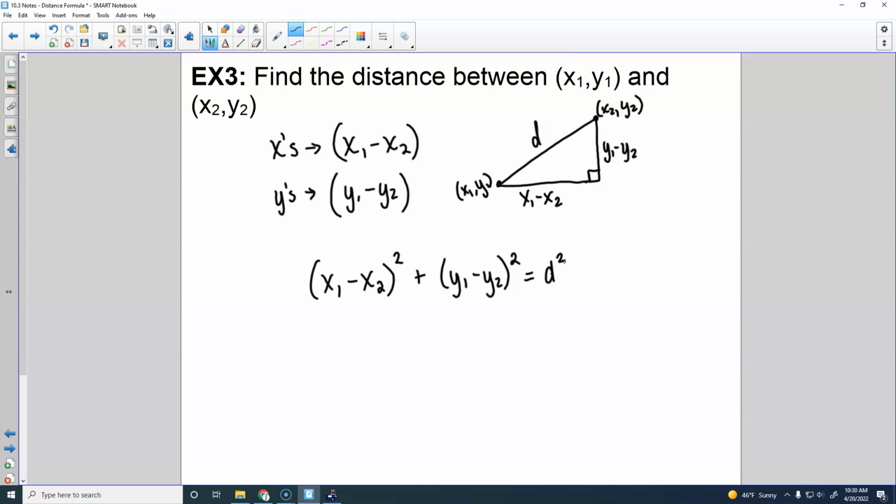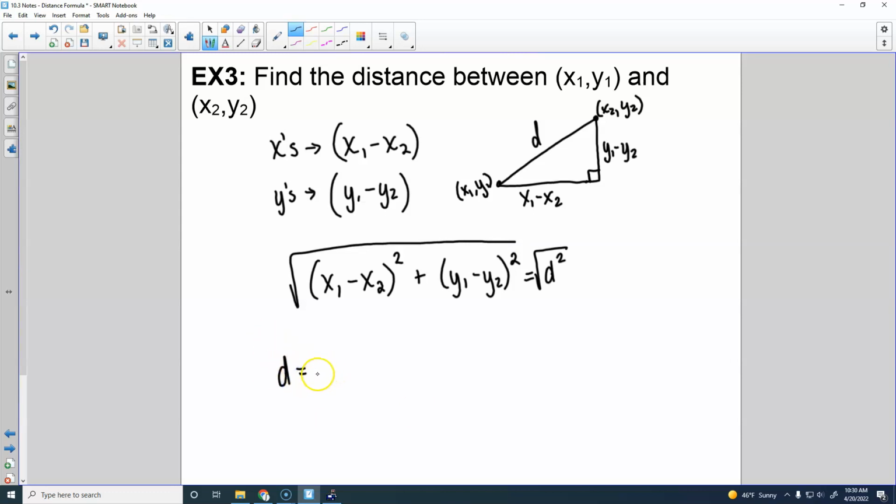Okay? Now, I want to know the distance, not the distance squared. So if I want to get rid of that square over here with this d, what do I need to do? Square root, right? Square roots undo squares. So if I square root both sides here, then I'm going to move the d over here to this side.